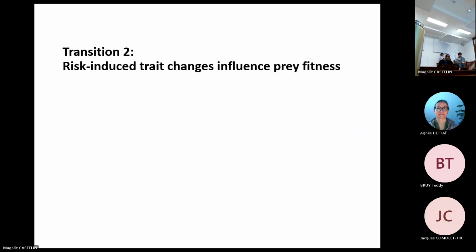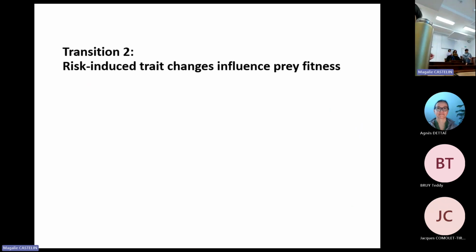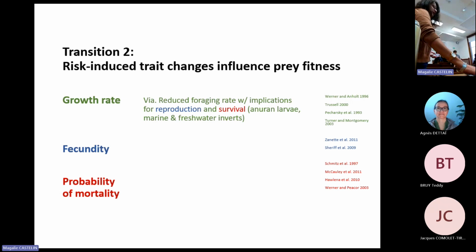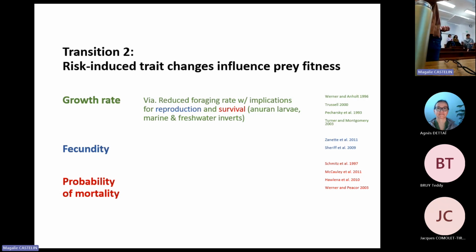Transition 2: these trait changes influencing prey fitness. I showed it from my work, but others have shown as well that growth rate can change via reduced foraging rate. So a predator reduces your foraging rate, which has implications for how much you can invest in reproduction and survival, and therefore you grow less.